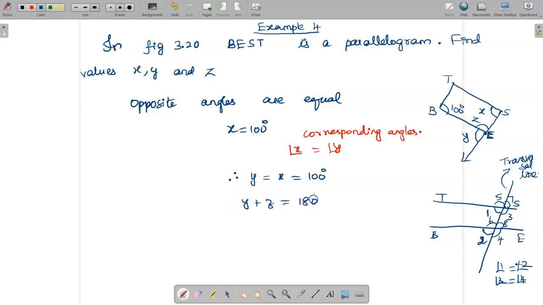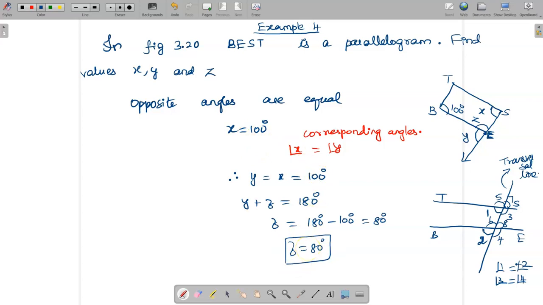When we add both, it should be 180 degrees. So using that rule, I can find z. z is equal to 180 degrees minus 100 degrees, which is nothing but 80 degrees. So x is determined, y is also determined, and z is also determined.